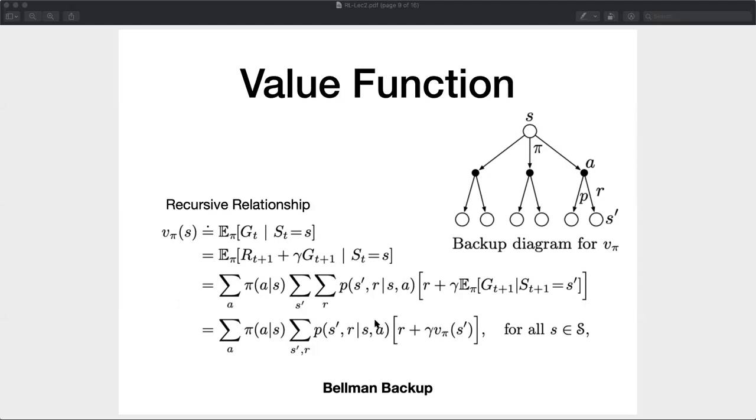It's just taking an expectation, the sum over all the possibilities times the probability of making those transitions. And that's going to give you R. And then this last bit is just going to be recursive. This is the expectation starting in the new state, S prime, and then whatever the future rewards for that is going to be.